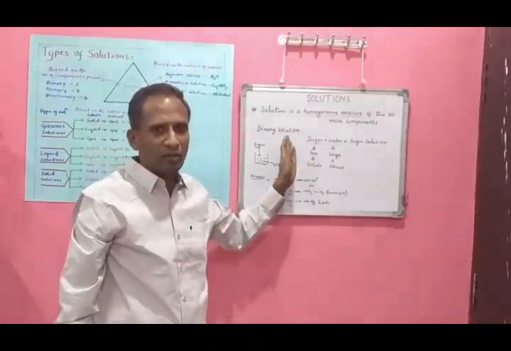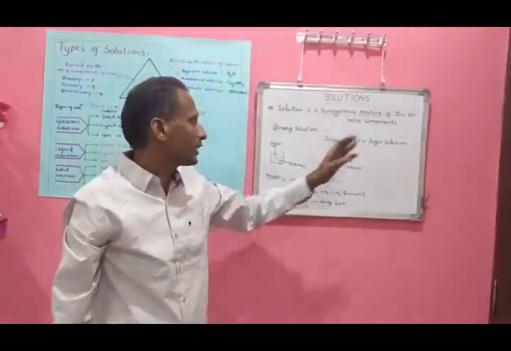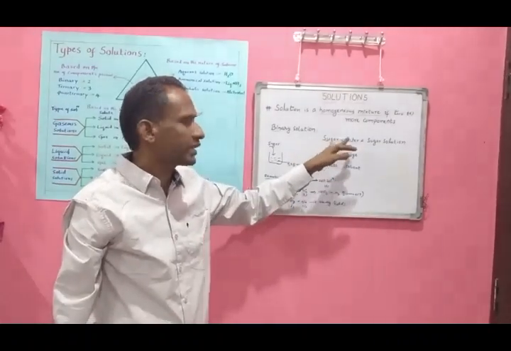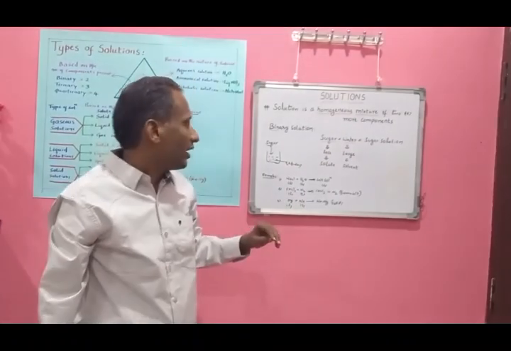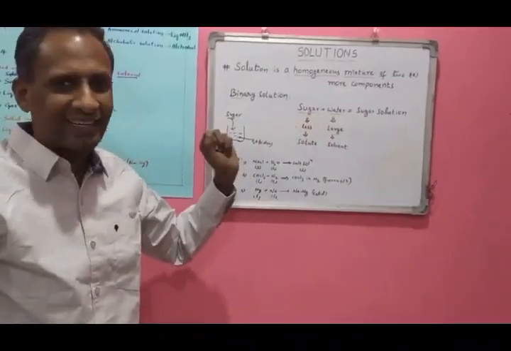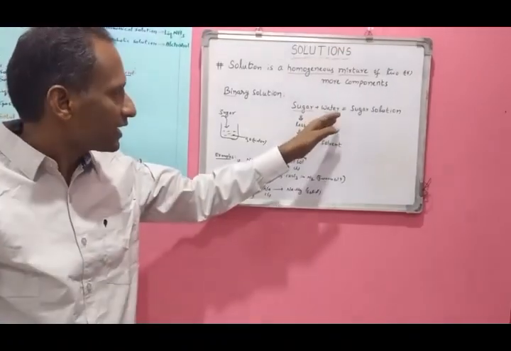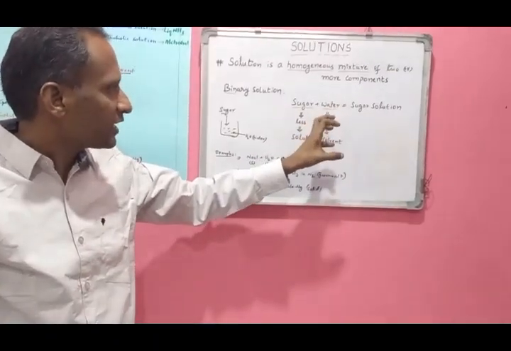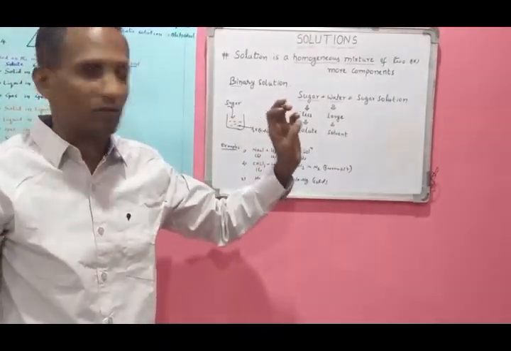In this particular example, we have two components. One is sugar, the second one is water. Actually, the sugar content is very little, but the water content is large.